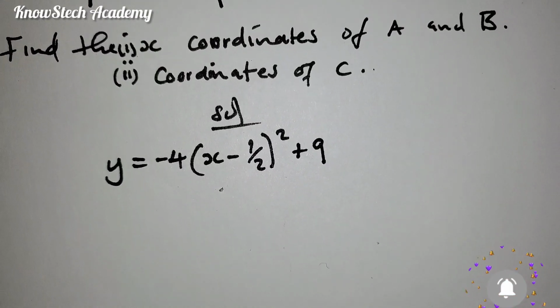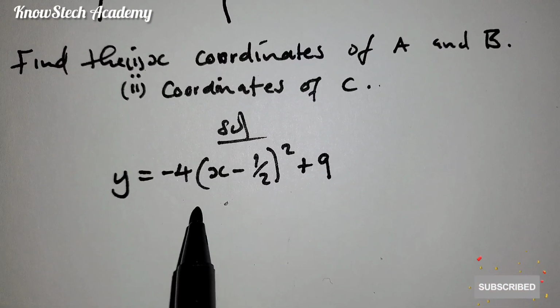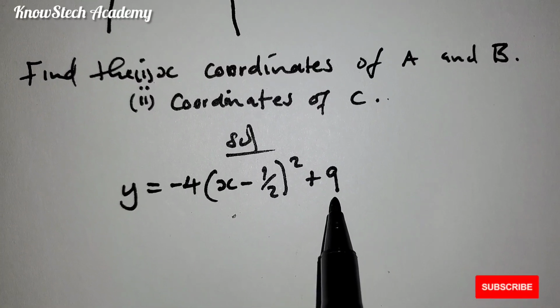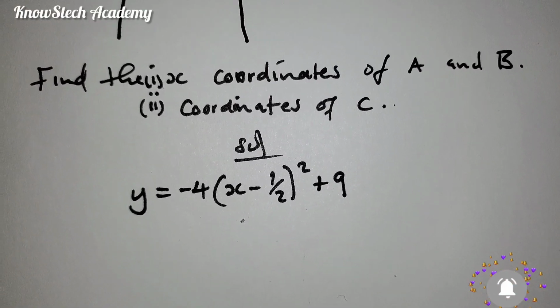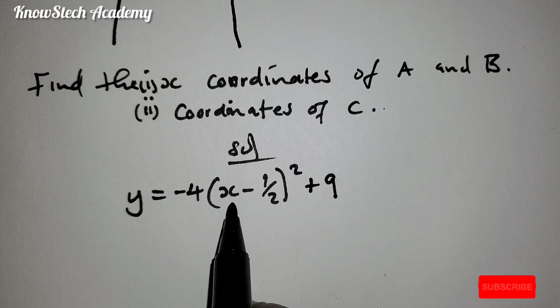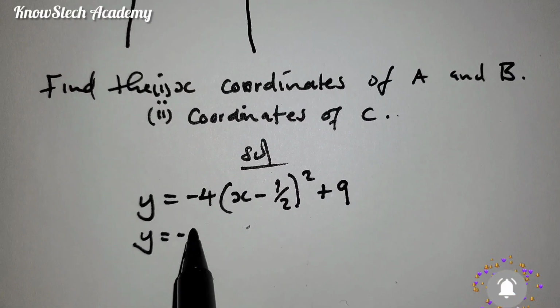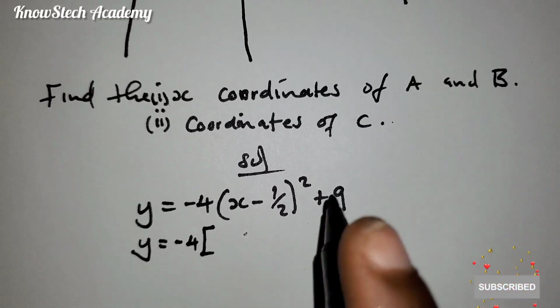Plus 9. Now when you look at this, it is not in the standard order. So we are going to do simple calculations. We say y equals -4 open bracket.